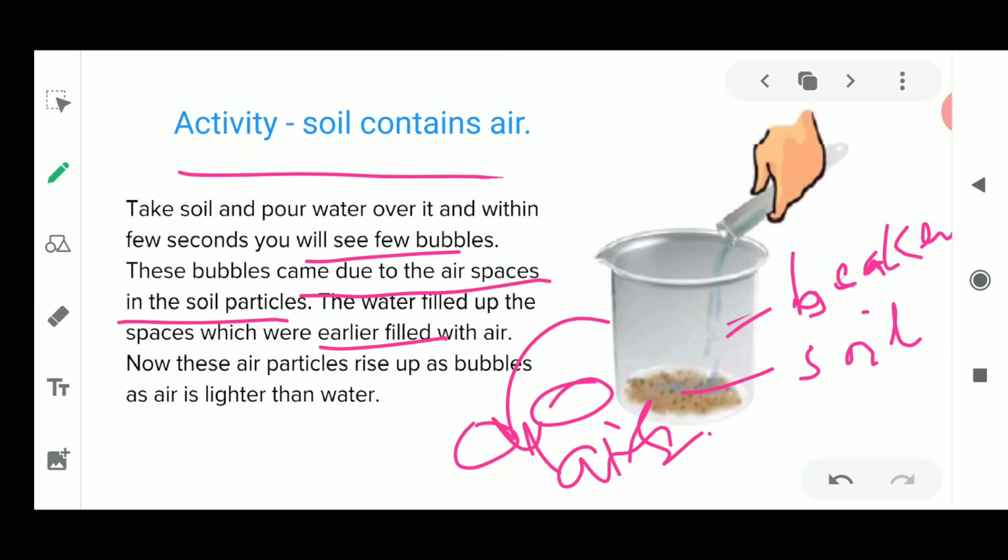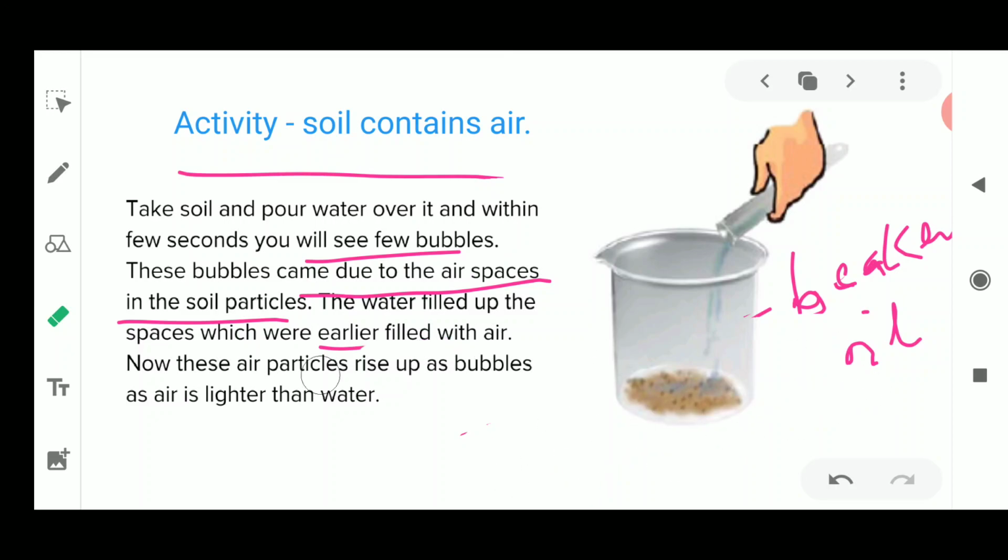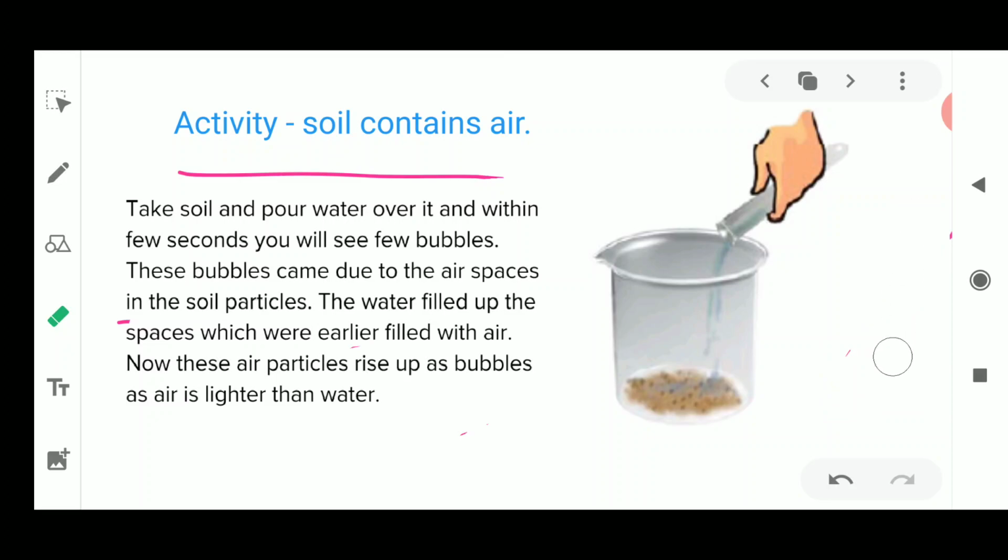Now the air rises up as bubbles, because air is lighter than water. Water is heavier, but air has very little weight, which is why the water is going to push the air up, and it rises.